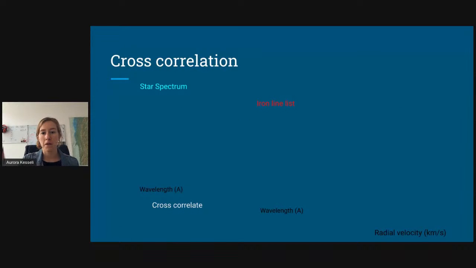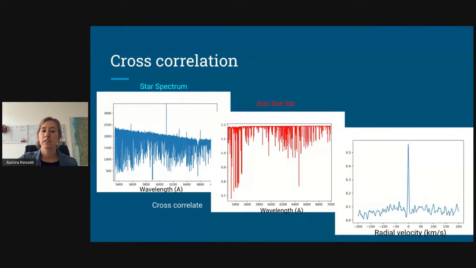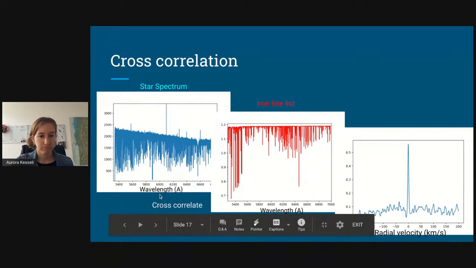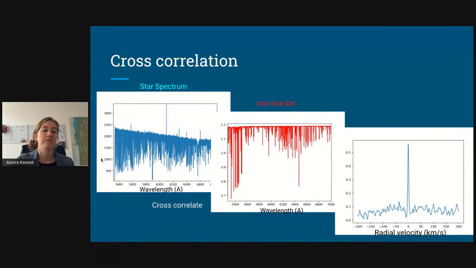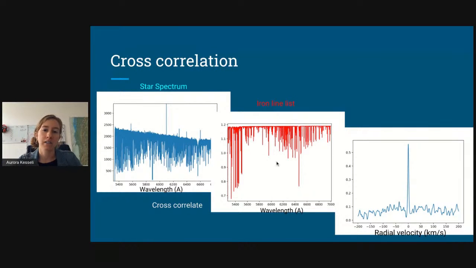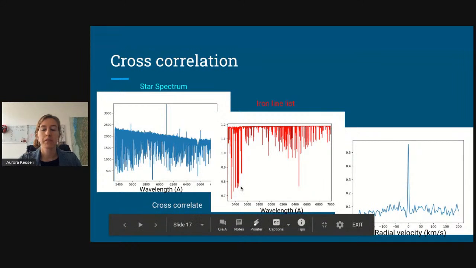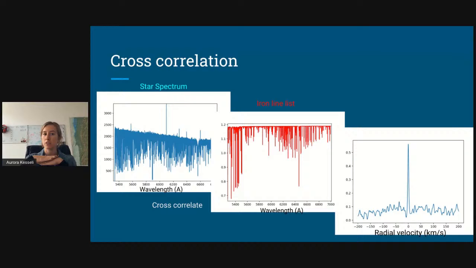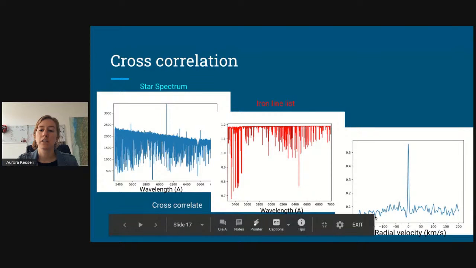So, showing you a bit more of what this looks like in practice, here we have our star spectrum, with the wavelength and the counts. And here we have a model of all of the iron lines. Like I said, iron lines are really good for this because you can see how many lines there are and how narrow and deep they are. So we're going to slide the iron line model across the star's spectrum, and this is what we get.